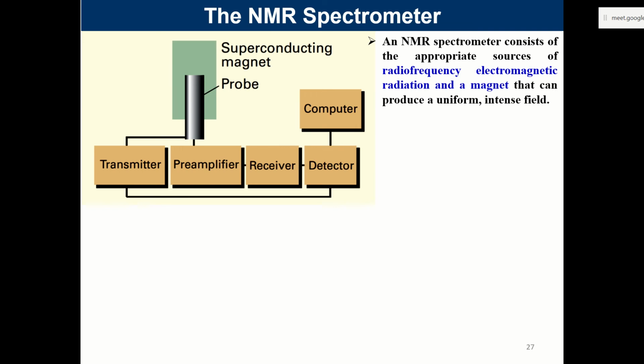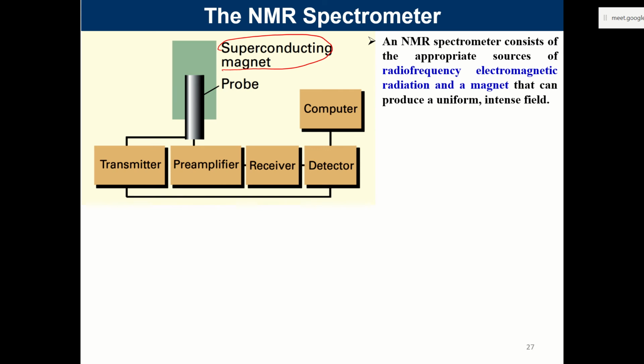So this is a typical thing that you have in your NMR spectrometer. What do you see? There is a superconducting magnet. For something to be a superconductor, usually you have to bring it to a very, very low temperature, around 4 Kelvin.